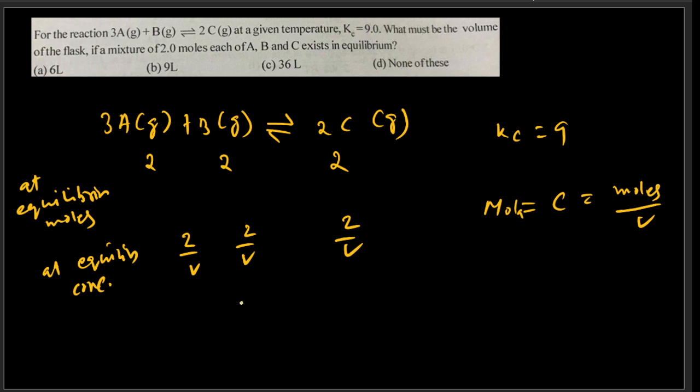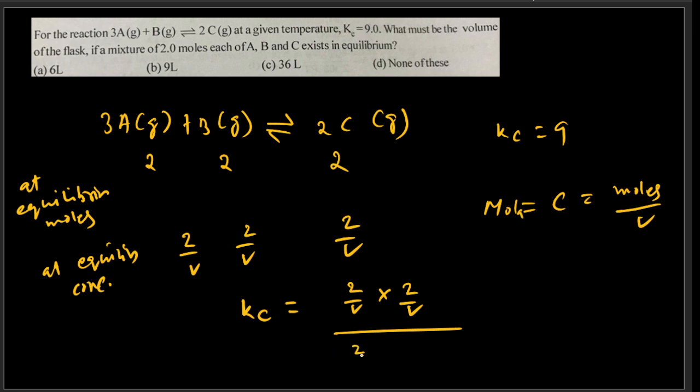According to the law of mass action, Kc, the equilibrium constant, equals product concentration divided by reactant concentration. The product is 2 by V, and since the coefficient is 2, this will be 2 by V into 2 by V. For the reactants, 2 by V is raised to the power 3 because of the coefficients.